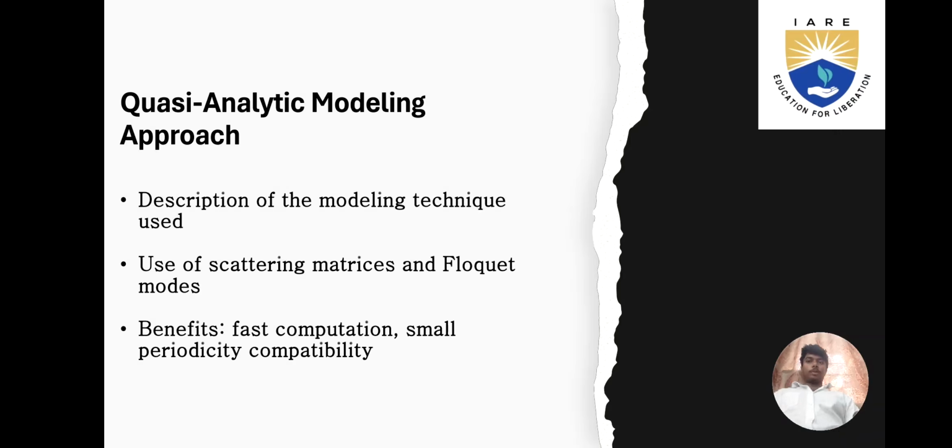The quasi-analytic modeling approach is a semi-analytical method used to study complex systems like photonic crystals by combining analytic approximations with numerical methods. This approach strikes a balance between fully numerical simulations, which can be computationally expensive and less intuitive, and purely analytic models that may be too simplistic for realistic structures.